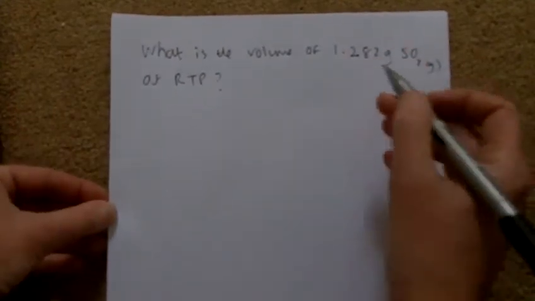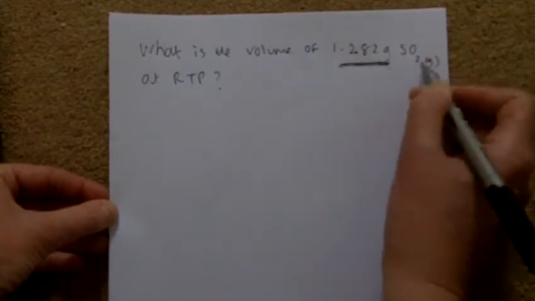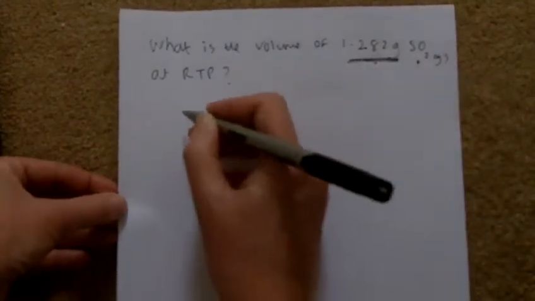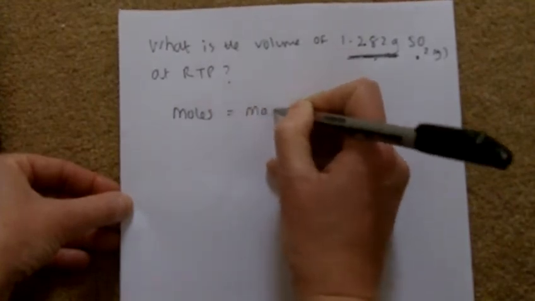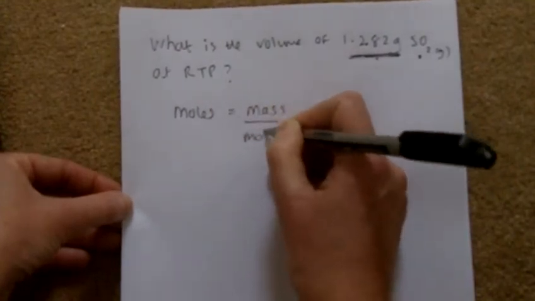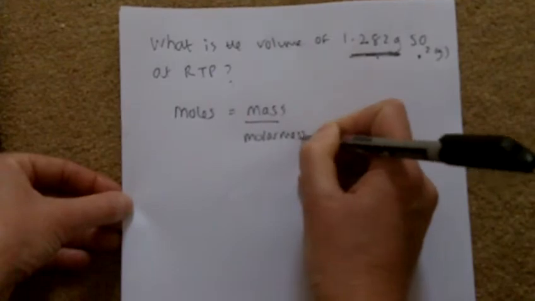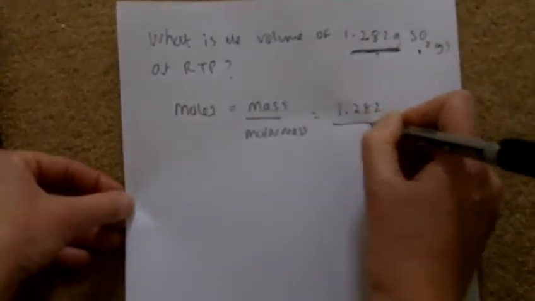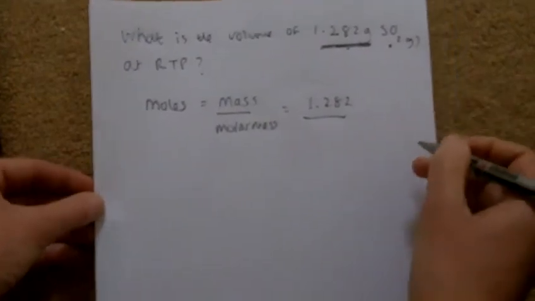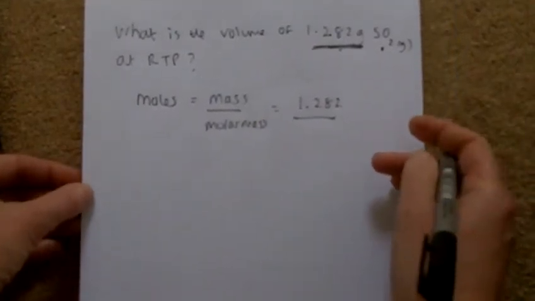All right, so we've got a mass of a gas. So we say moles equals mass of the gas over molar mass. We've got the mass of the gas, 1.282, over the molar mass of sulfur dioxide. So you need to work that out.